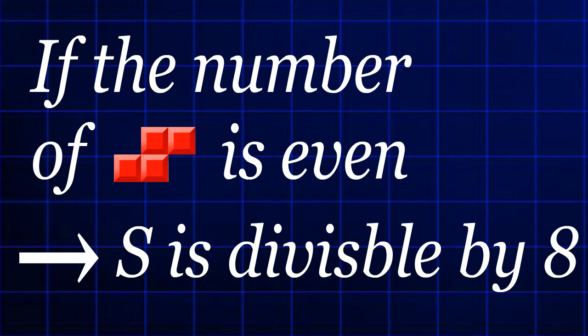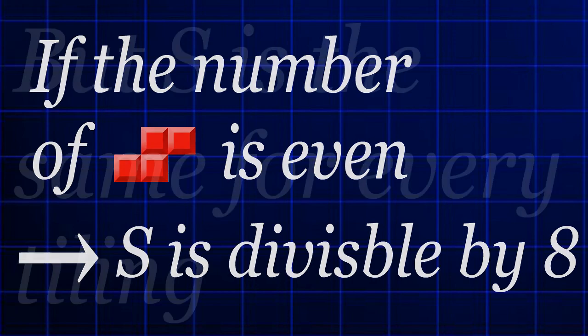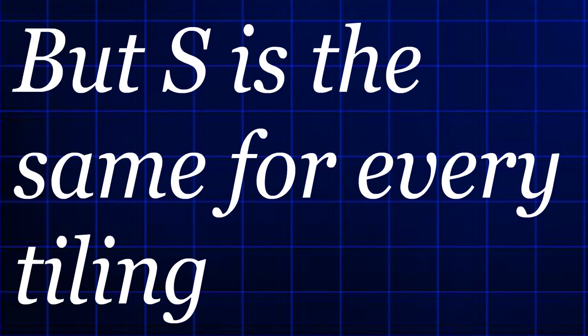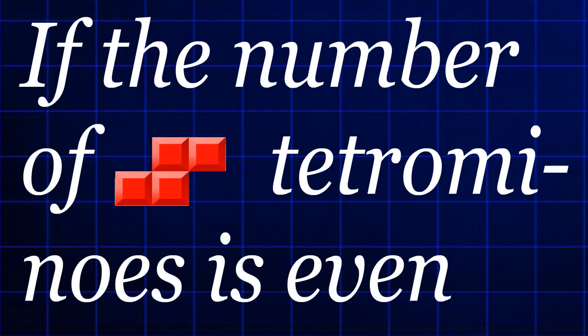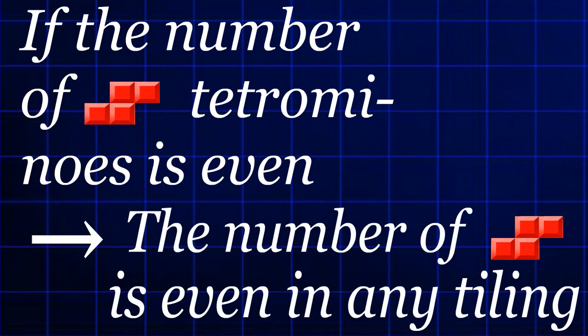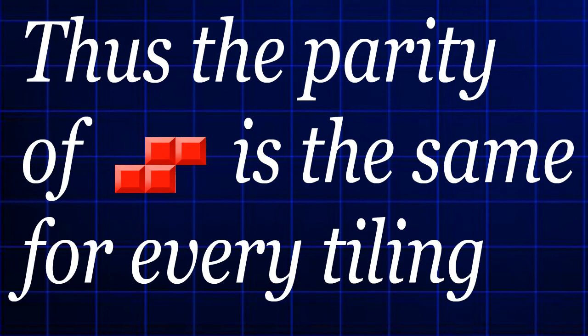Which is a contradiction, since we assumed that it was not divisible by 8 at the previous tiling, and the total sum is the same for every tiling. Similarly, if the number of red tetrominoes is even, then we can show that it must be even in any other tiling. Thus, we proved that the parity of the red tetrominoes is the same for every tiling of P.